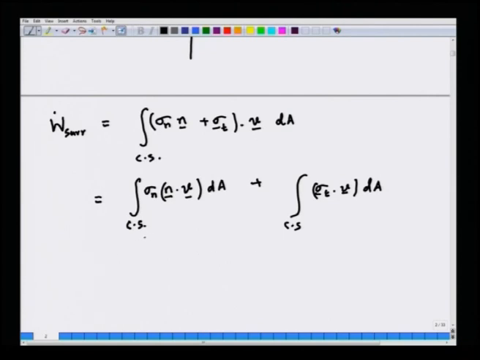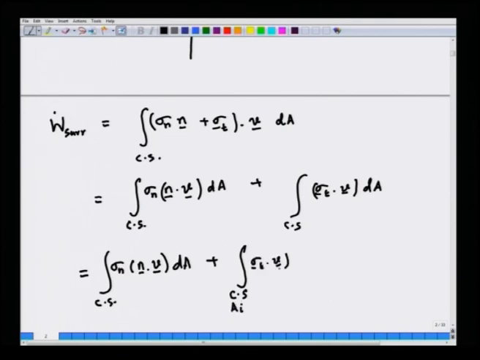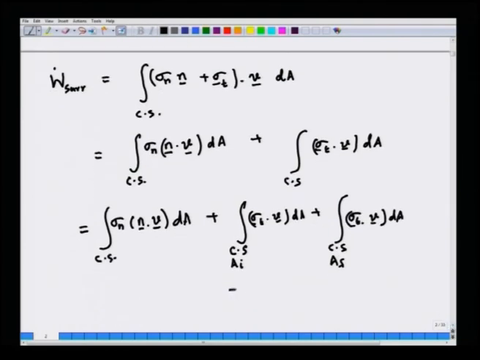Now, let us split this further: sigma n dot V dA plus, now let us split this control surface area into control surface over internal areas dA, plus control surface over flow areas dA, plus control surface over shaft areas dA.